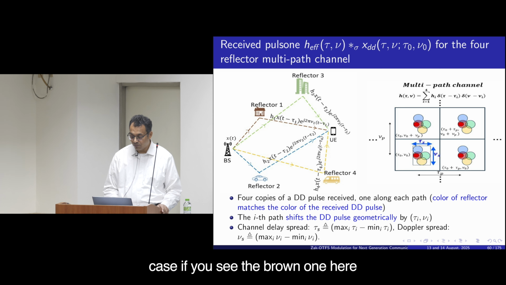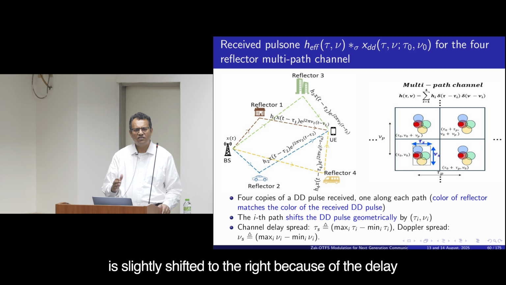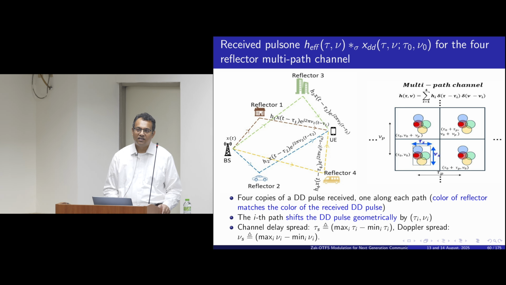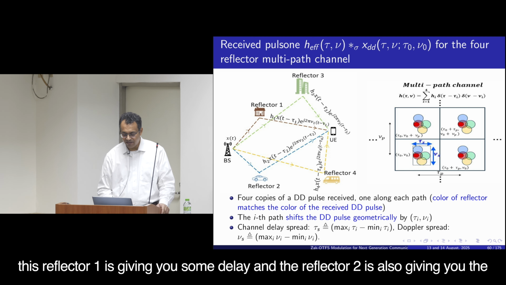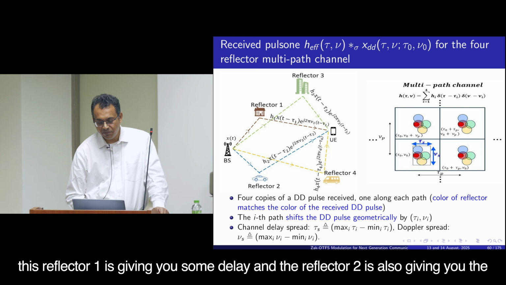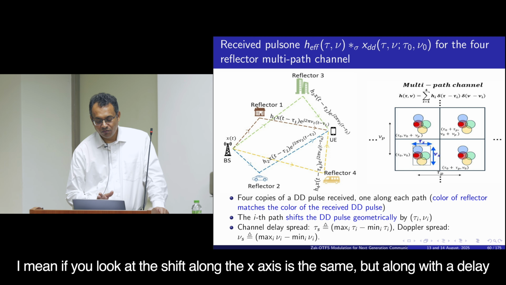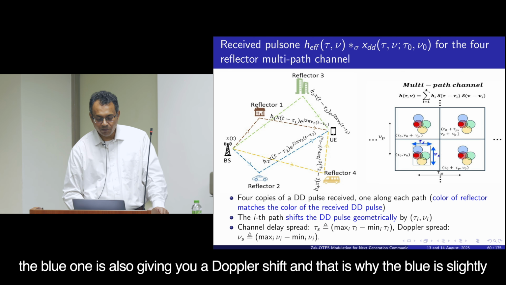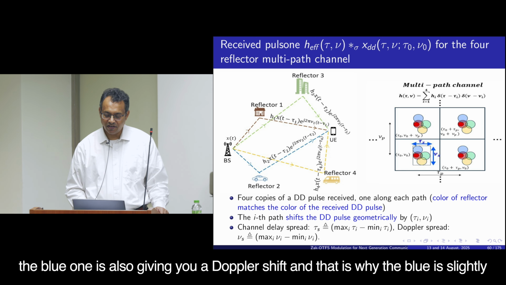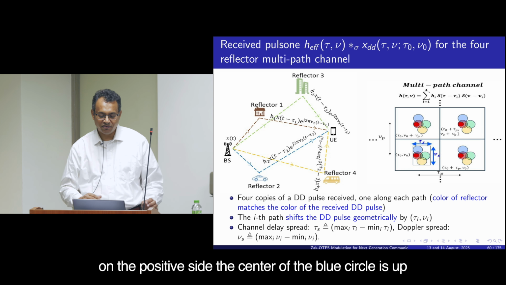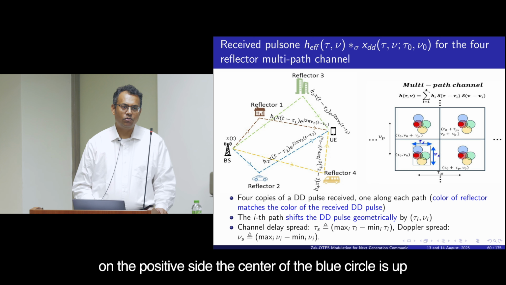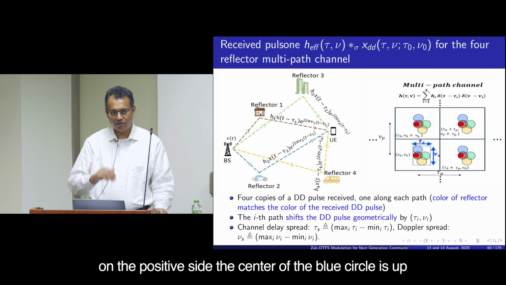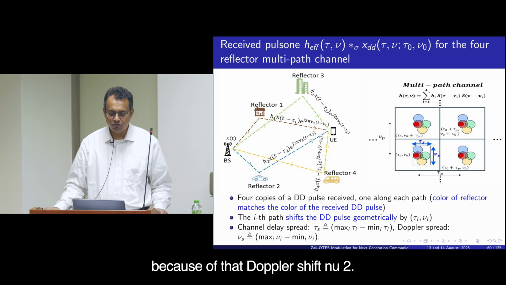If you see the brown one here is slightly shifted to the right because of the delay. This reflector 1 is giving you some delay, and reflector 2 is also giving you the same delay. I mean, the shift along the x axis is the same, but along with the delay, the blue one is also giving you a Doppler shift, and that is why the blue is slightly on the positive side. The center of the blue circle is up because of that Doppler shift nu 2.